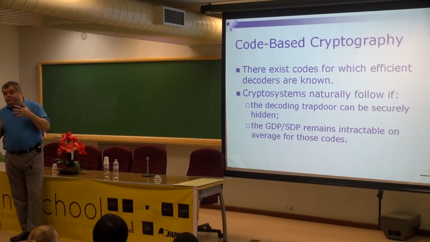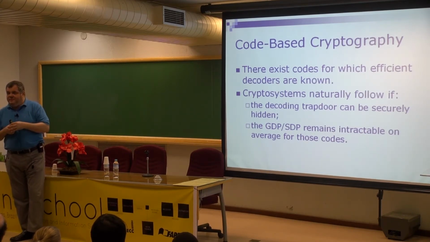We don't have any proof that code-based cryptography is hard on average. What we do know is that for decades people have tried to find an efficient way to decode generic codes, and we don't have such a decoder.